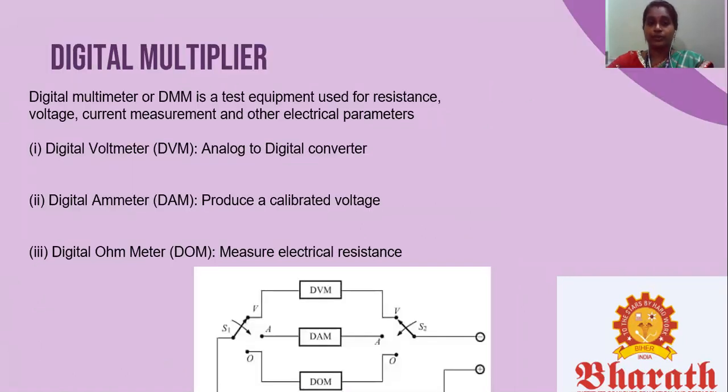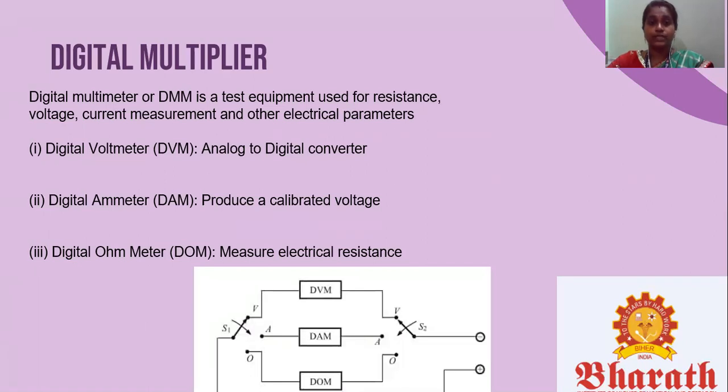Now the next topic is digital multimeter. Digital multimeter, or DMM, is a test equipment used for resistance, voltage, current measurement and other electrical parameters as per requirement, and displaying the results in numerical digits on an LCD or LED readout.